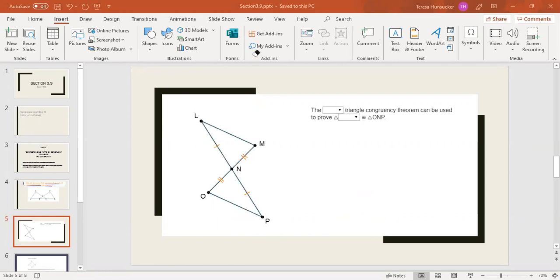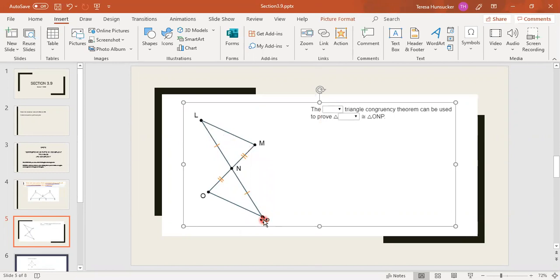If I say LN, I'm tracing the side with one congruent mark, so I must start with P and trace the side to N with one congruent mark. The blank congruency theorem can be used to prove triangle blank is congruent to triangle blank.